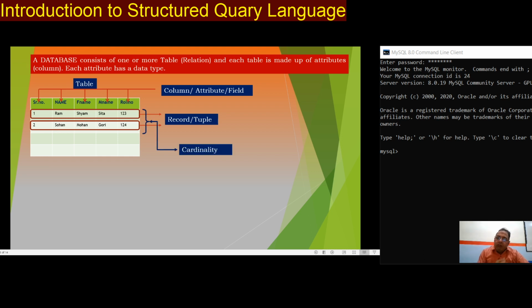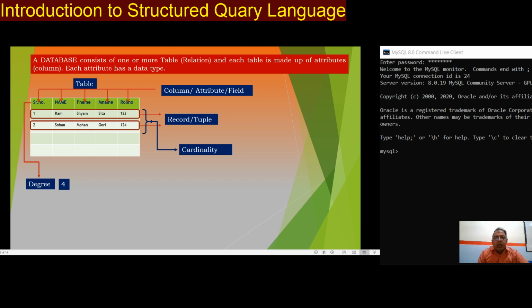After that, the number of rows which contain the data is called the cardinality of the table. Then the number of columns in a table is known as the degree of the table. Here in the above example, the degree of the table is 5 because we have 5 columns.